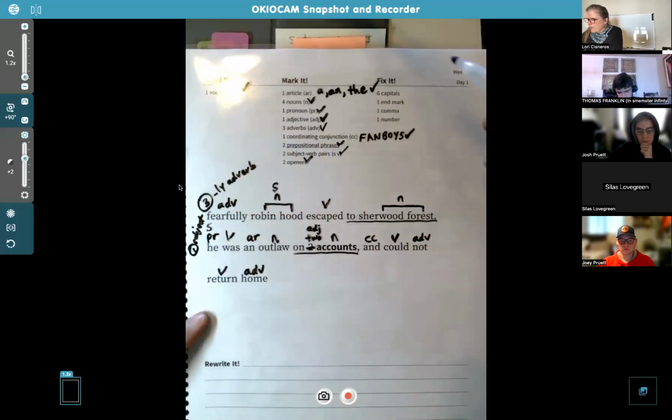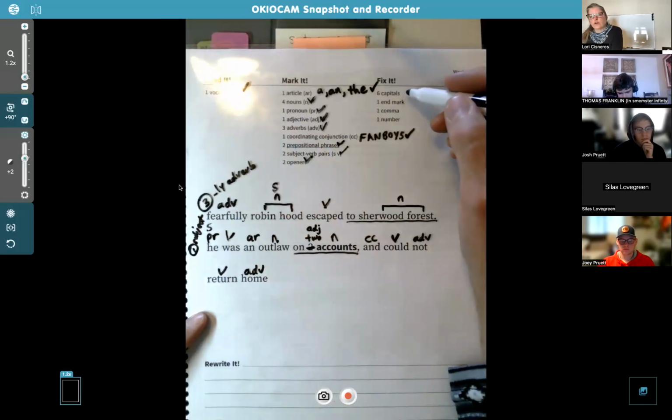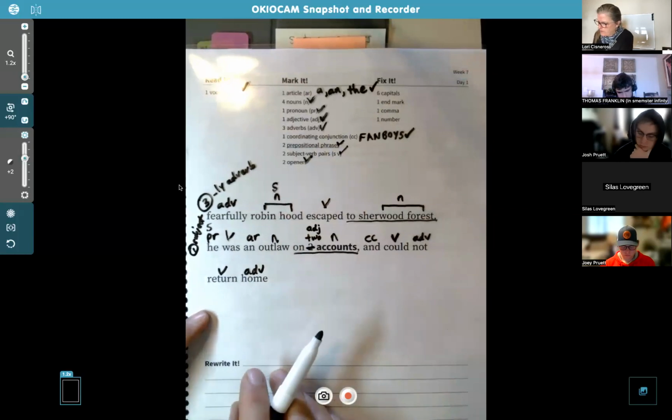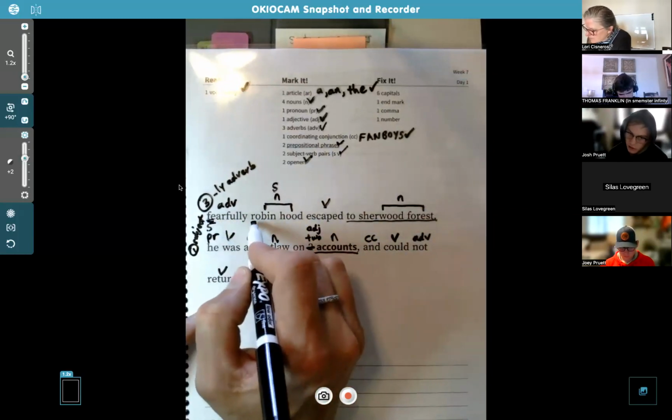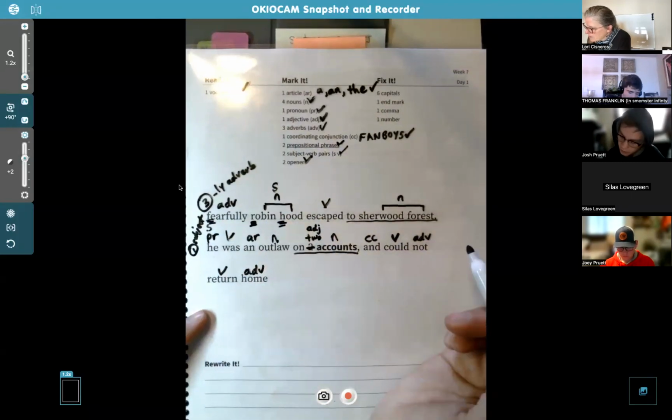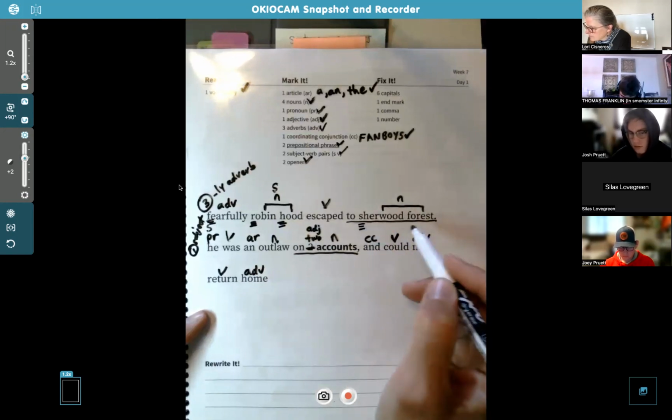All right, moving on. Capitals. Go ahead, Josh, since that was a quick one for you. What words need to be capitalized? Fearfully, Robin, and Hood. Okay. Sherwood Forest. Good.